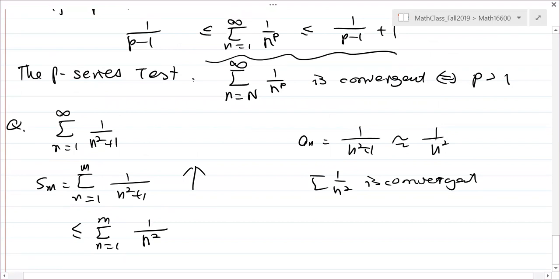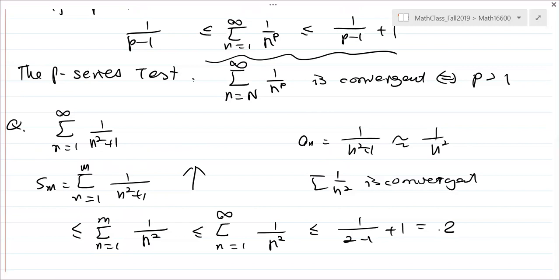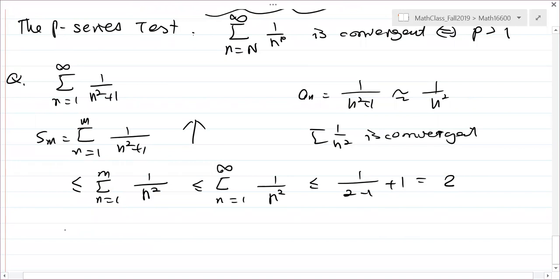Of course, when n goes to infinity and more terms are added on, this is less than or equal to the p-series value. I can not only show this is finite, I can even show that this is less than 2. So the upper bound is 2, therefore it has a limit. So this is convergent.